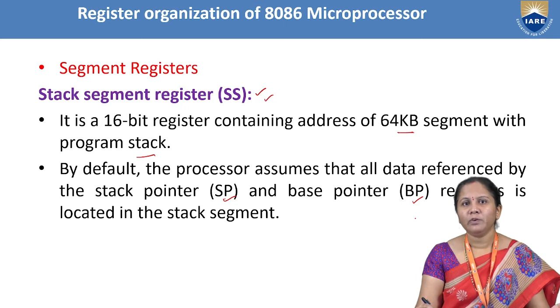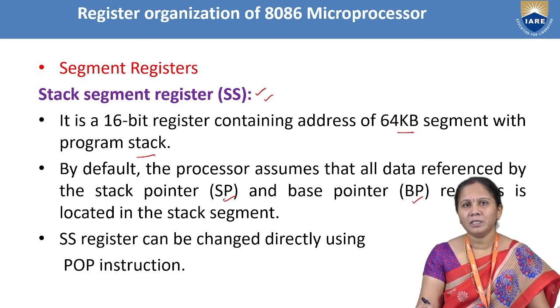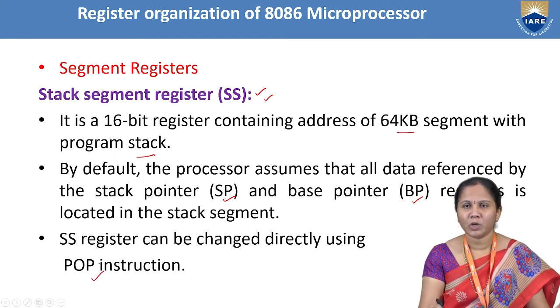That means if the segment address is the stack segment, the offset address must come from the stack pointer or the base pointer. Considering these two, a 20-bit physical address will be calculated.